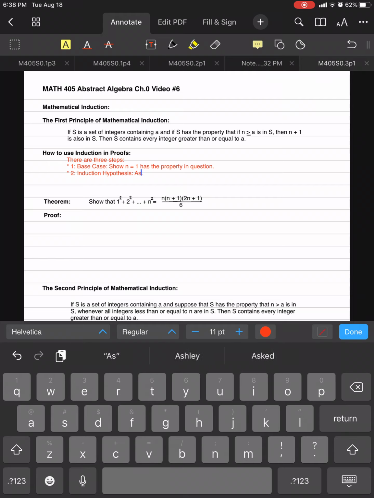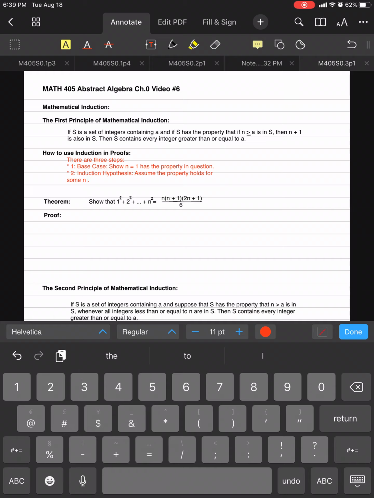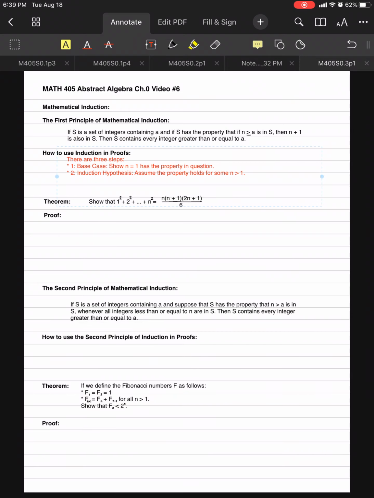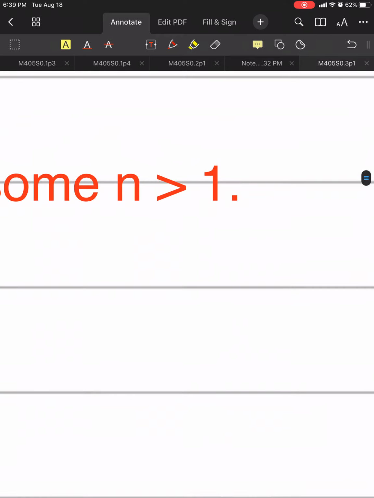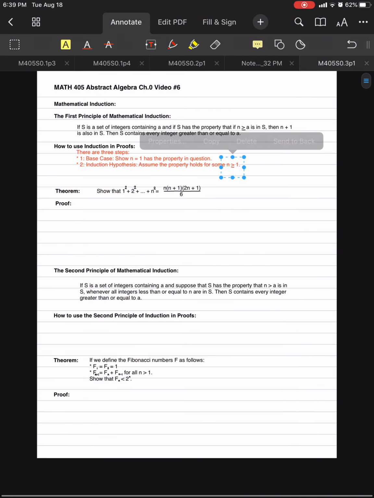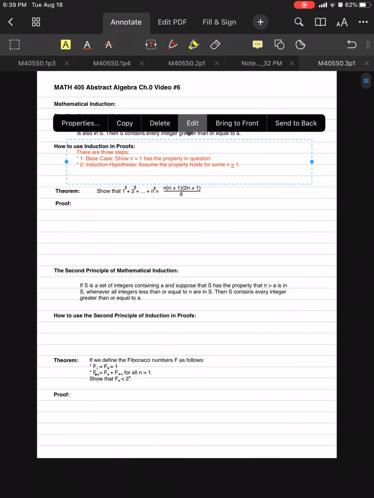So essentially here you assume the property holds for some n greater than or equal to 1.